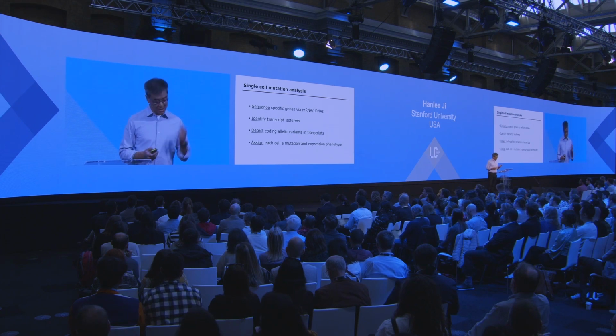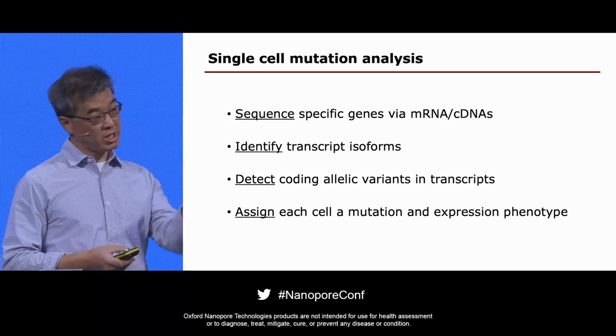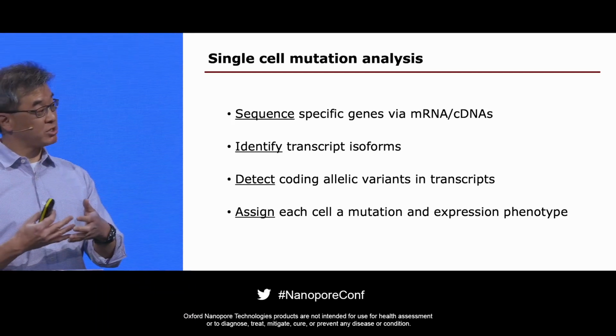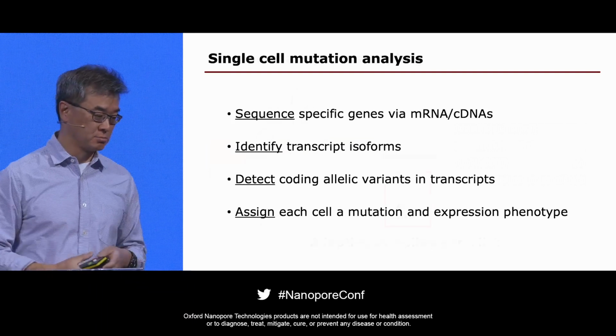You can also detect coding allelic variants in transcripts, and while this has been described quite a bit, I think it's an under-recognized, under-explored area where we can truly leverage some of this information for understanding phenotype and genetics of individual cells. And then with these processes, again all driven by long-read sequencing, and what I'll show is all nanopore-based, you can assign each mutation and even associate an expression phenotype across individual cells.